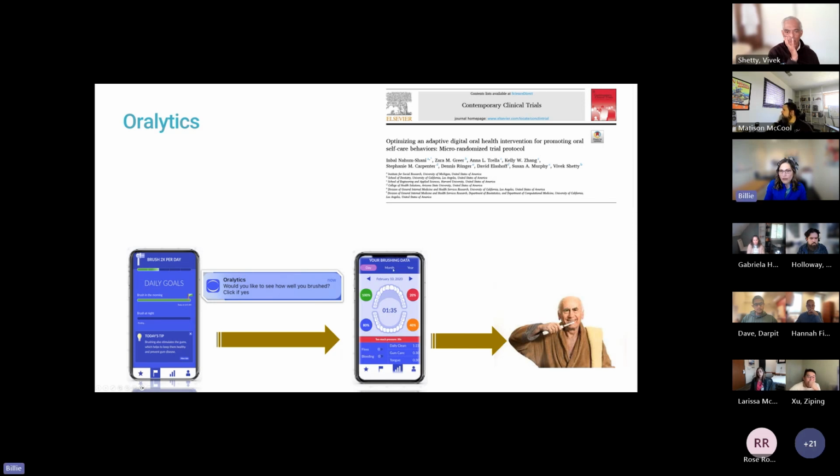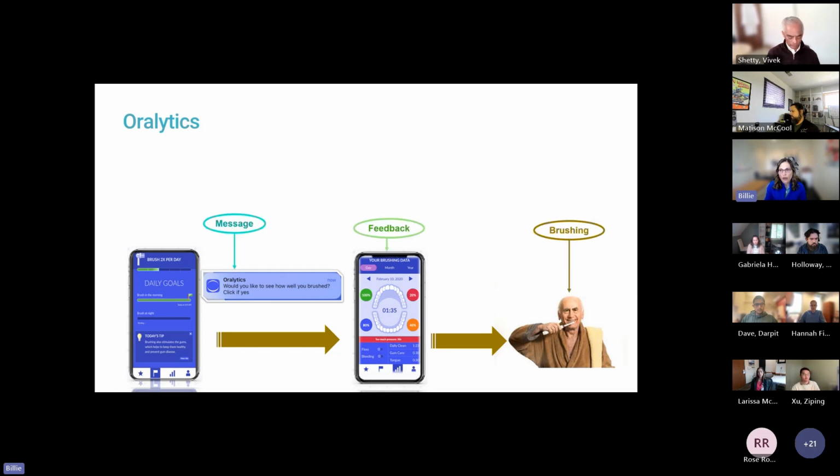And the goal is to get them to engage with brushing behaviors. We want them to use the feedback to improve the quality of their brushing. So I want you to notice what we're doing here. And this is a relatively simple Jedi, okay? We want them to engage with this particular health behavior, brushing behaviors.